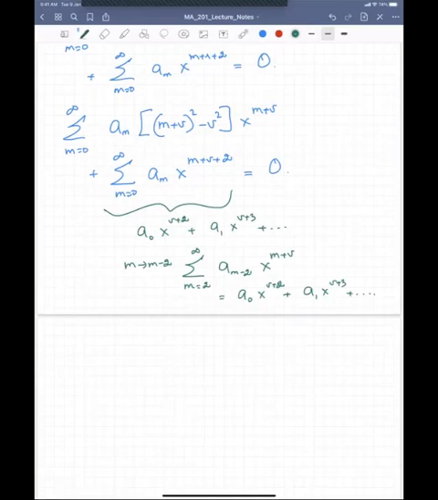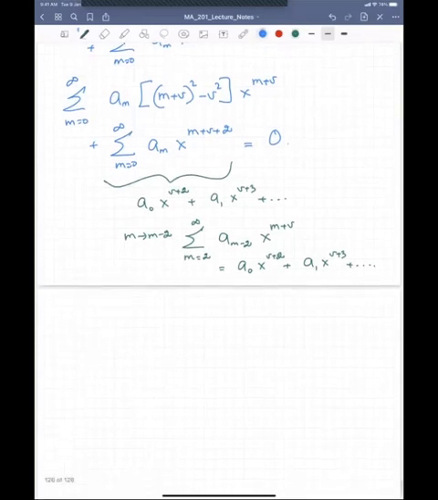For example, in the first series, I have x to the nu and x to the nu plus 1, but in the second series, I actually start at x to the nu plus 2. So you should keep in mind that the second series doesn't have the first two terms that the first series has.